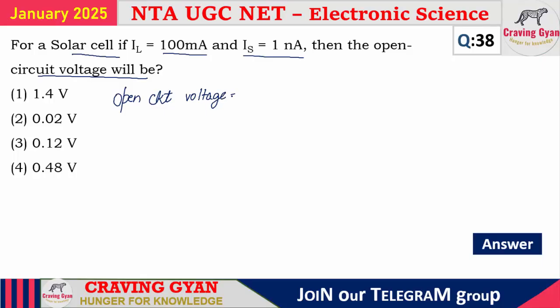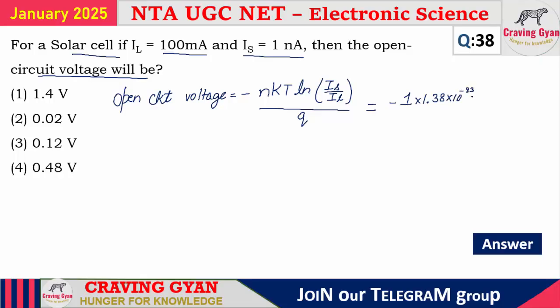Which is given by minus n k T into ln of IS divided by IL, and we are going to express this quantity in terms of volts, so divided by q. In this, the value of n is approximated to 1 and k is the Boltzmann constant, that is 1.38 into 10 power minus 23.